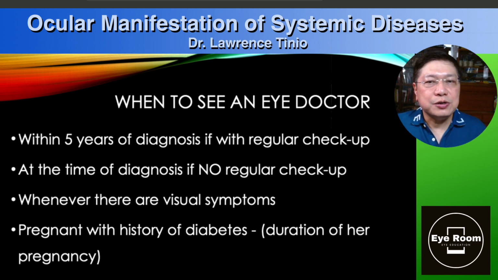So, whenever your patient starts to complain of visual symptoms, you need to send them to an eye doctor, regardless of how long they've been diagnosed. And if your patient is pregnant and with a history of diabetes, send her to have a regular checkup at least during the duration of her pregnancy.